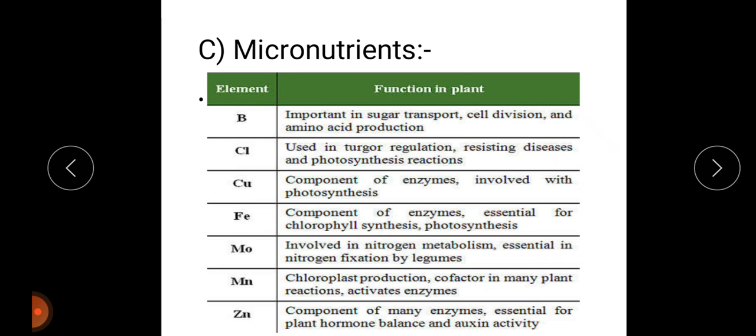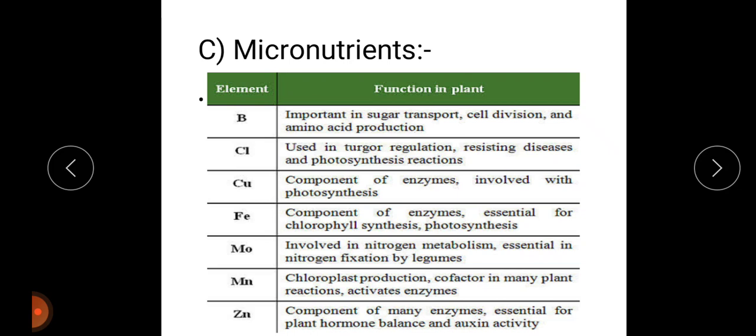After that, ferrous or iron, as we call it, is a component of enzymes essential for chlorophyll synthesis and photosynthesis. It also has a catalytic role in enzyme activities, and in organic acids and vitamins. It is also involved in nitrogen fixation. So Fe, or ferrous, also has an important role in nitrogen fixation.